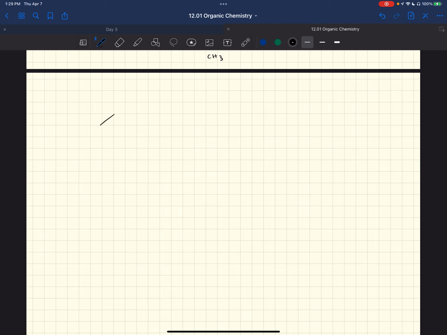Okay, let's give this one a try. I'm going to do something a little different. Try naming that. So my longest, my parent hydrocarbon is going to start here.